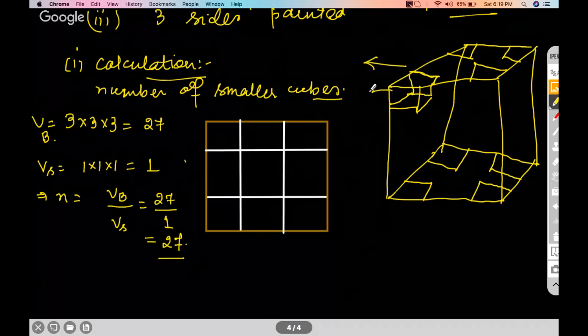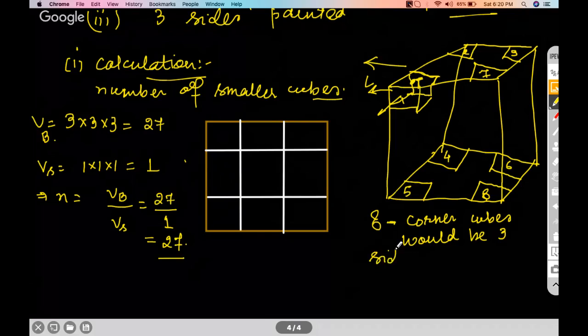This will be the left side, this is the front side, and this top side would be painted. So all corners, this corner 1 2 3 4 5 6 7 8, so 8 corner cubes would be three sides painted.